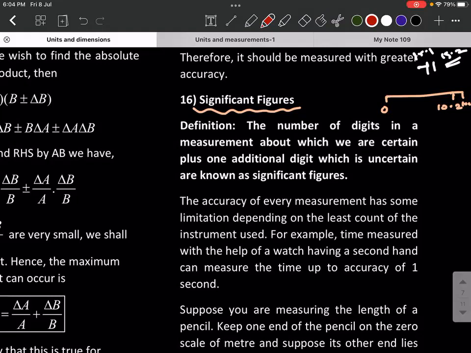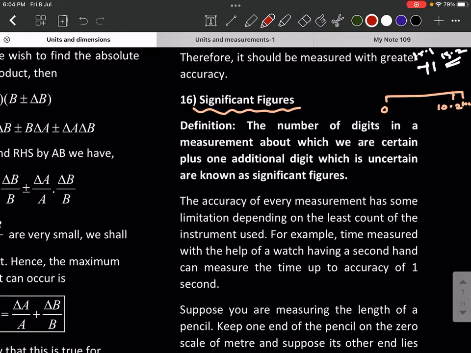You will see which the endpoint is closer to. If it is closer to 10.2, you will tell me it is approximately 10.2 centimeters. If it is closer to 10.3, you will say 10.3. If it is somewhere in between, you will say 10.25, which is also not exact.